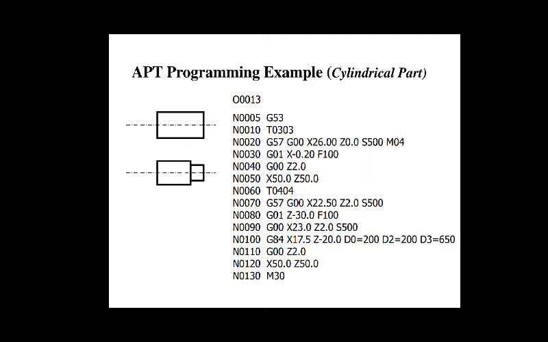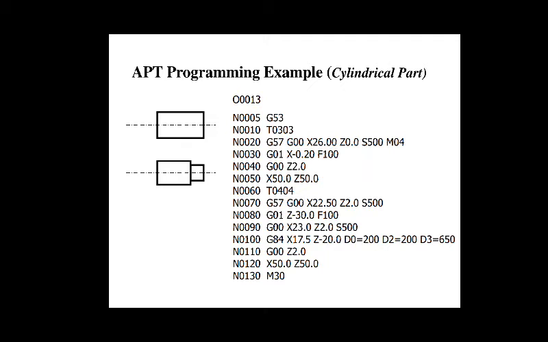Now we have to bring back the tool. For that G00 is there, which, as we have seen, is the rapid traverse movement. The tool moves rapidly away from the workpiece and there is no cutting. And Z2.0 means the movement is 2 mm away from the face.